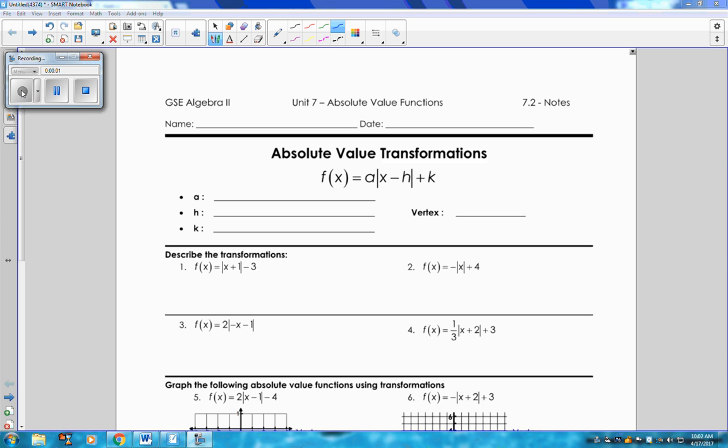Absolute value transformations. The function of an absolute value is a times the absolute value of x minus h, plus k. A represents a vertical stretch or shrink.